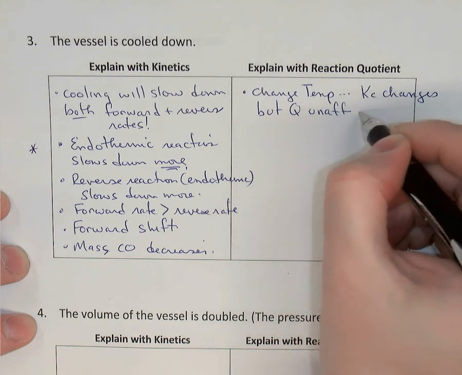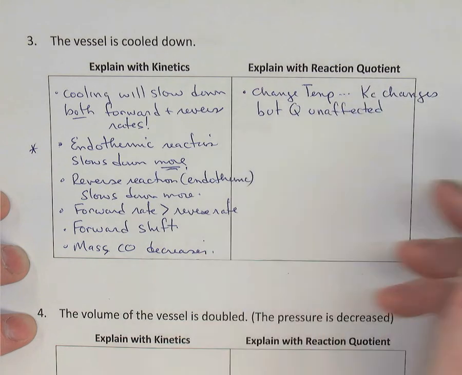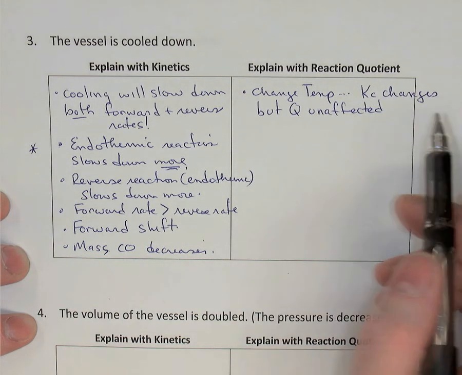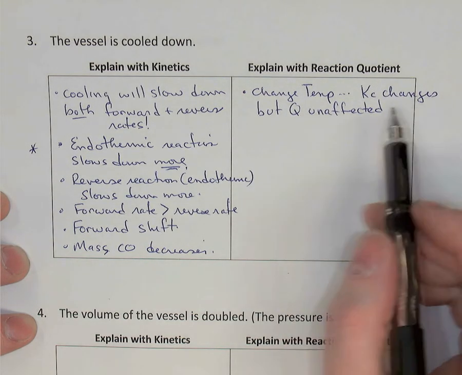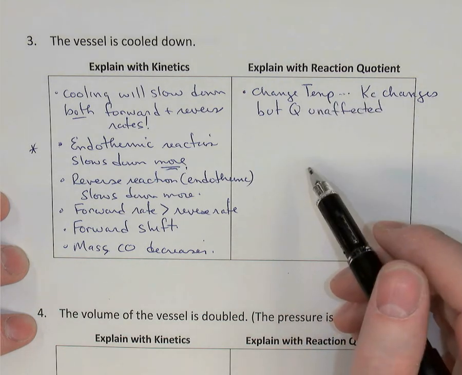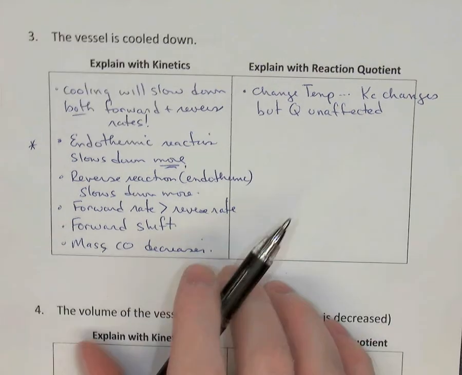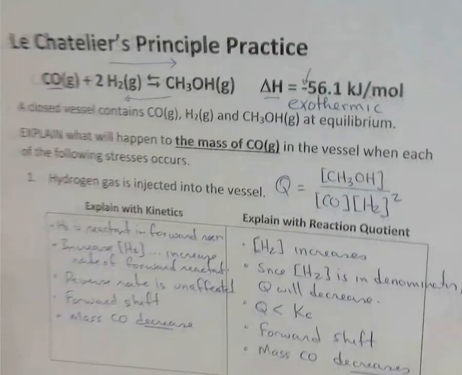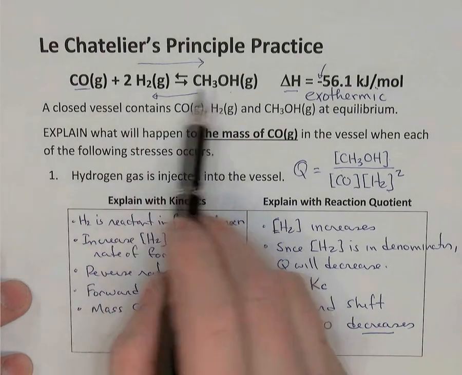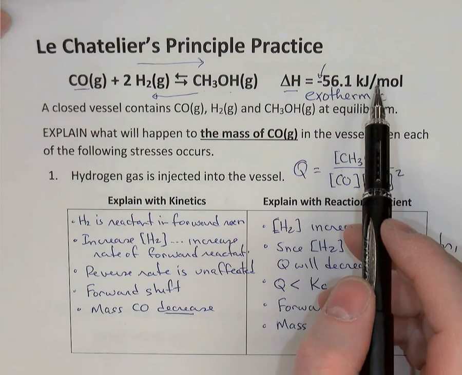Q is just the ratio of those concentrations that were in the container. So if you're not changing any of those concentrations, Q is going to be unaffected. But Kc will change because we're changing temperature. Kc depends on the temperature. Now this was an exothermic reaction. Again, looking back at the original reaction as written, it was an exothermic reaction that we were given.